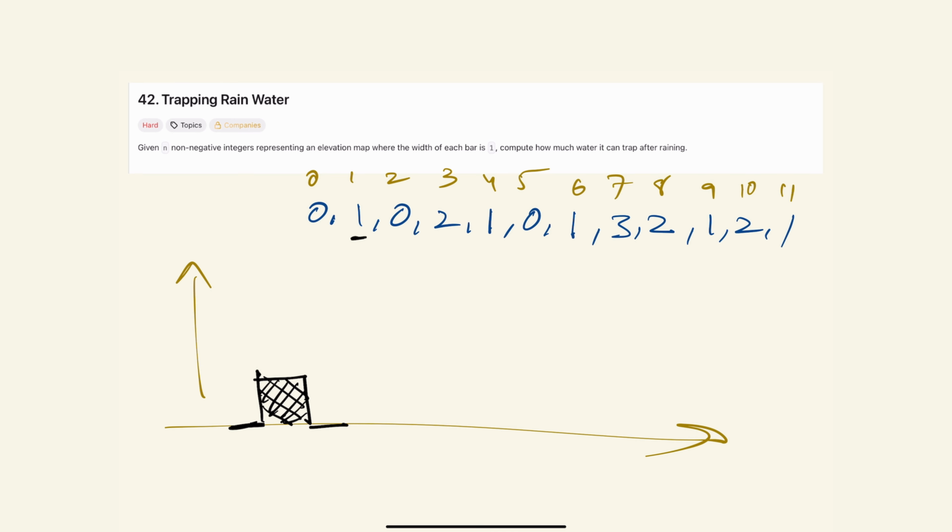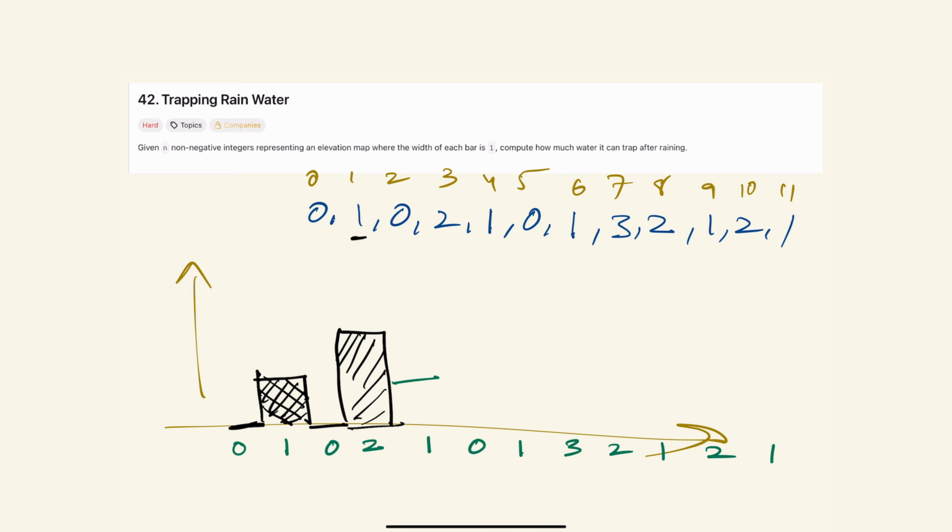Now we have completed 0 index, 1 index, 2 index is 0, and the third index is 2. Let me write the height of the wall: 0, here it is 1, again 0, again 2. Now next is 1, 0, 1, 3, 2, 1, 2, and 1.